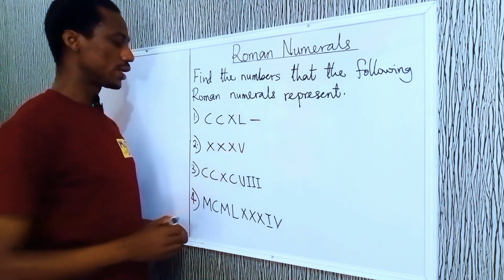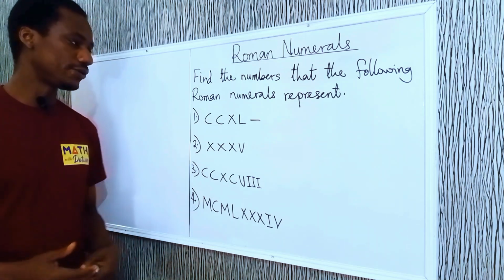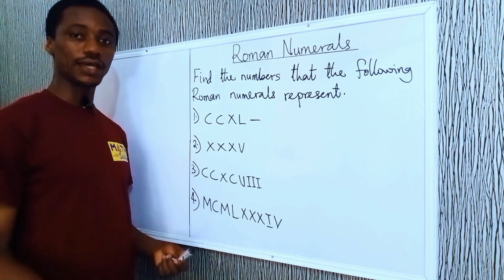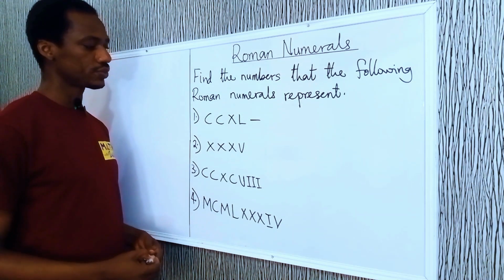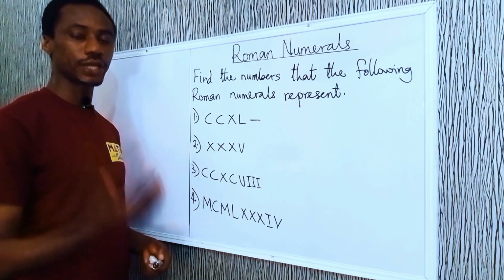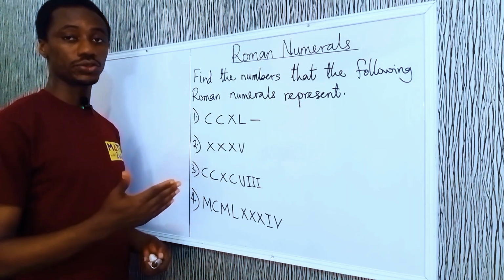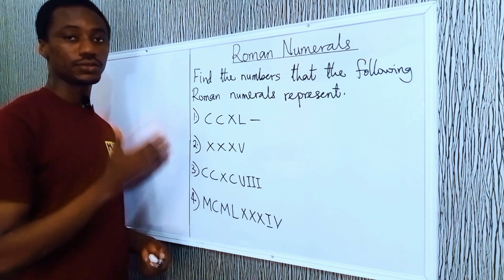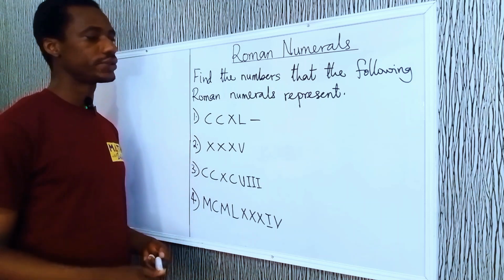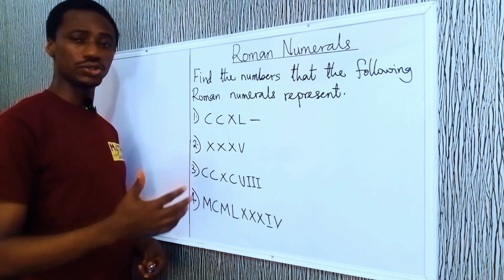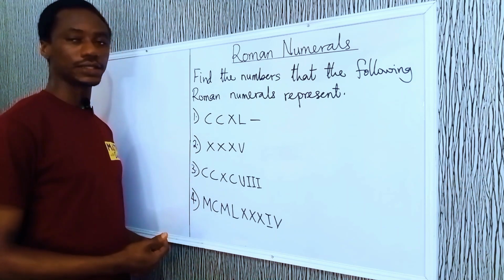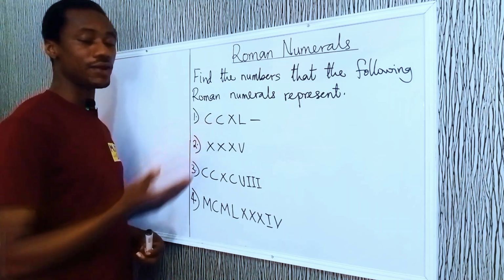So we're looking at CCXL first. CCXL. So what do we do here? We already know our tens, 10 to 90, counting in tens to 100. We can also count in 100s to 1000. And then from there we can identify our numbers.